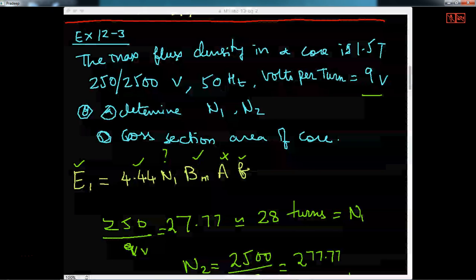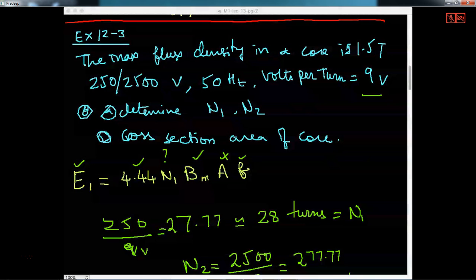Again, everything is known. E1 is given, number of turns is not known, flux density is given, A is given, F is given. Of course, the number of volts per turn is given, so we can say the number of turns is E1 by 9. Overall, N1 has to be 28 turns. Based on that, I can find the cross-sectional area.